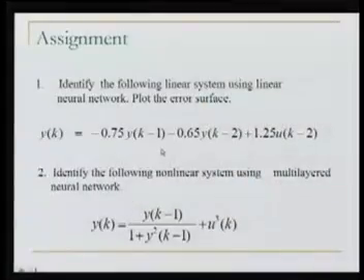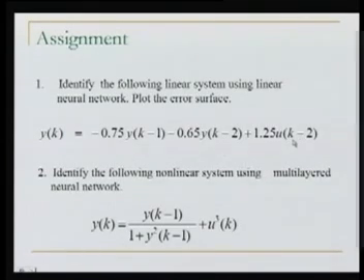Now, here is an assignment for you. The first one, please note down this linear dynamical system where the coefficients are minus 0.75, this is a second order system, minus 0.65 and here 1.25. You allow these to be W1, W2 and W3. Assume W1, W2, W3 are very small random numbers.